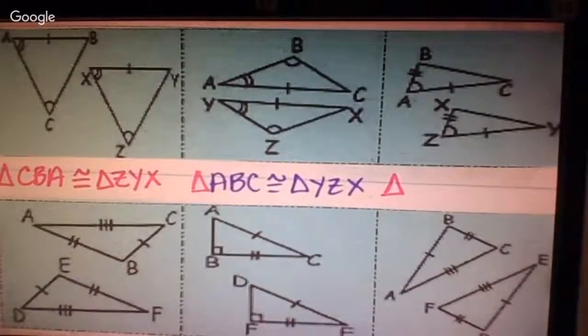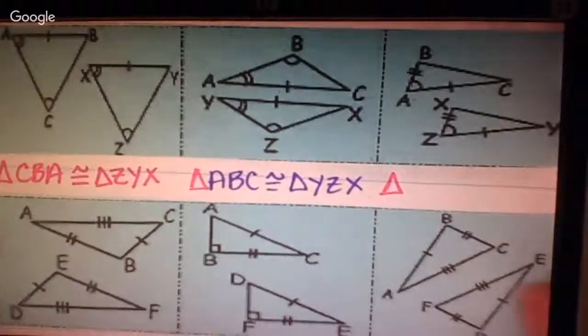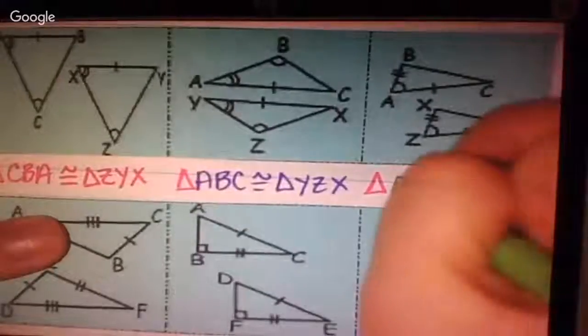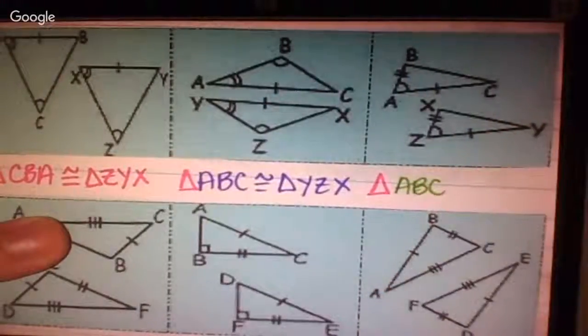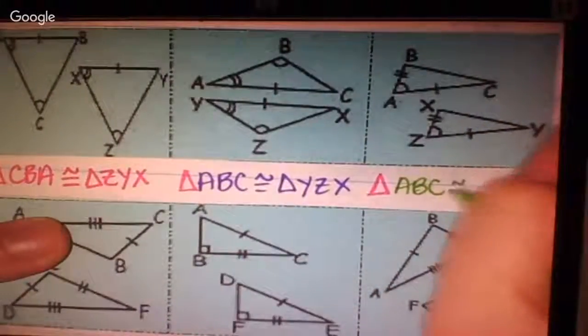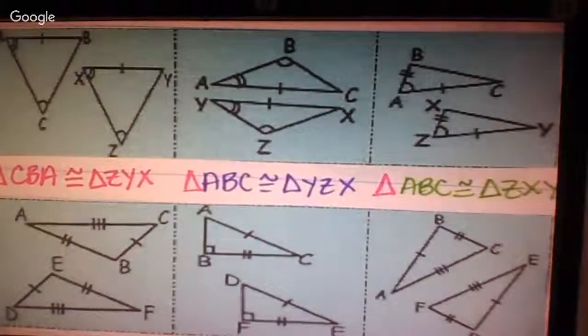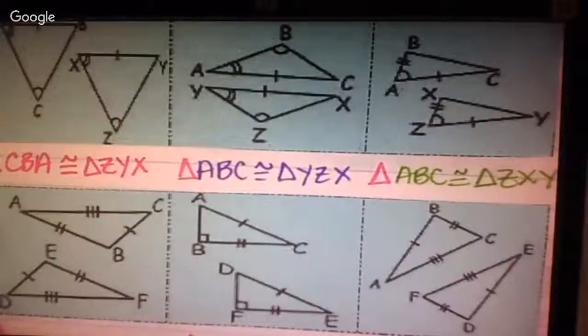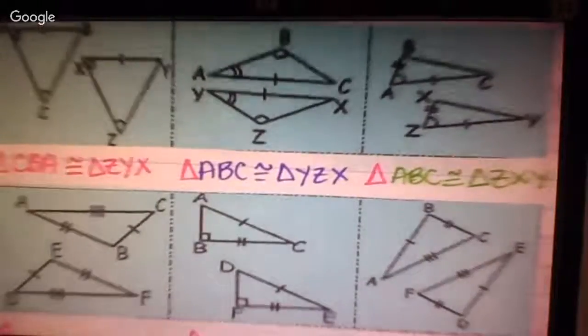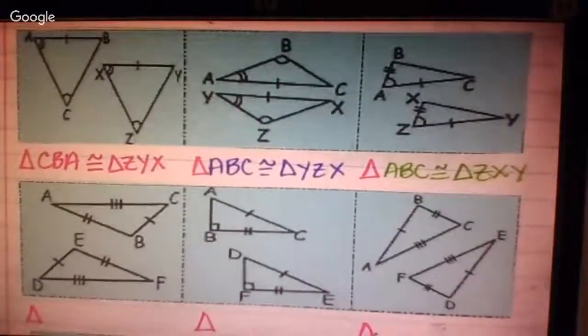You want to do this one, Teron? What you got, Teron? I did ABC, ABC, and then I got ZXY. ZXY. Questions on those three? Anything you need or want me to look at?